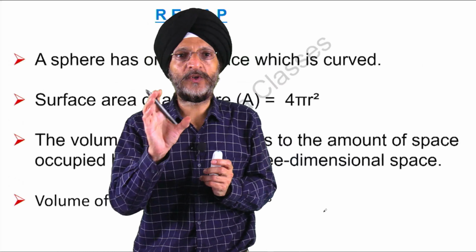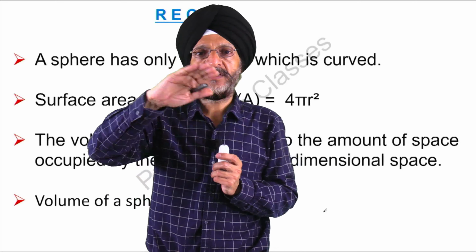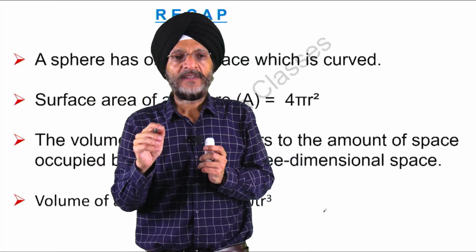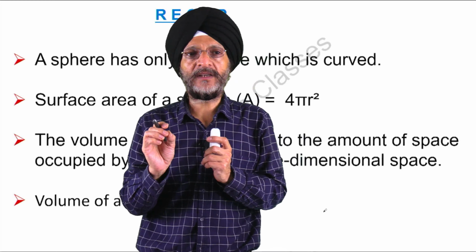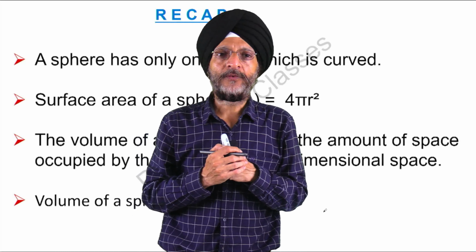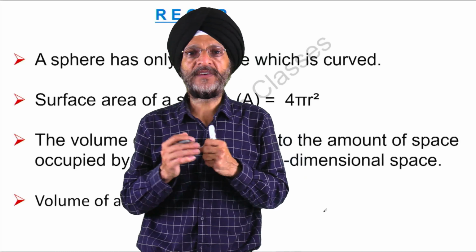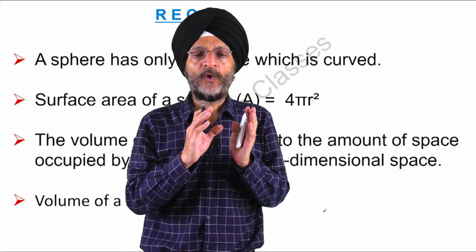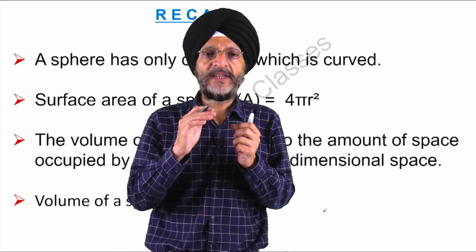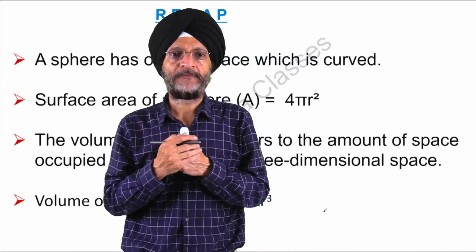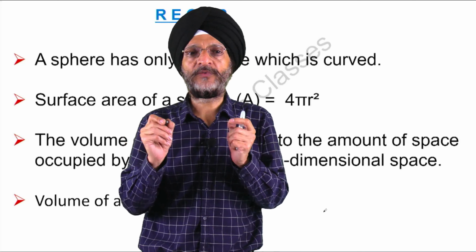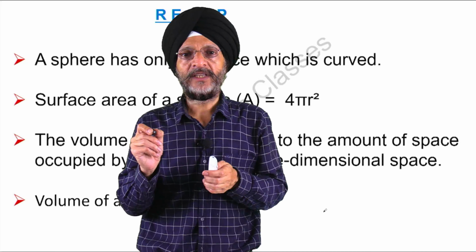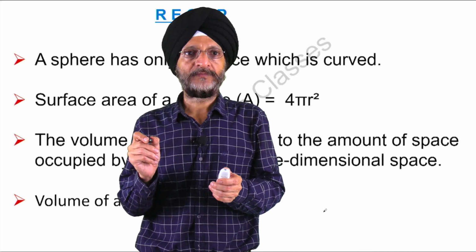A sphere has only one face, which is curved. Surface area of the sphere is equal to 4 pi r square, and volume of the sphere refers to the amount of space occupied by the sphere in three-dimensional space, and the volume of the sphere is calculated by the formula 4 over 3 pi r cube.